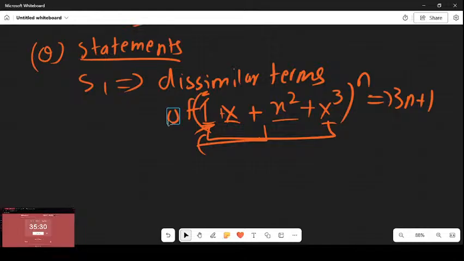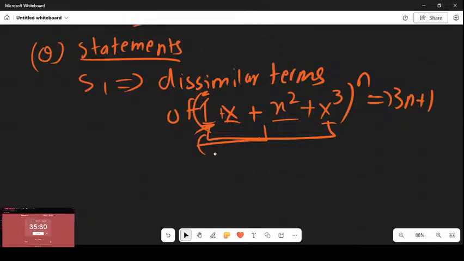Okay, is it a cubic? No, we cannot use any kind of identity, can we? No. So I guess I have to use GP only. GP is the only option for us.